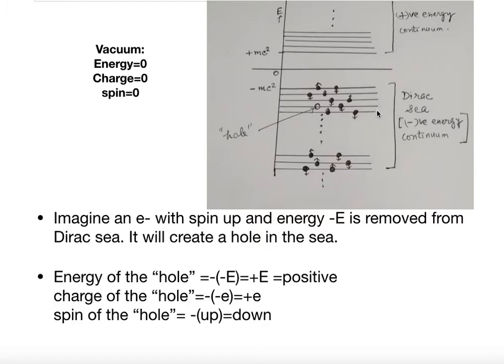Dirac says that all these states are filled up. Since this is a fermion, let us assume we are talking about electrons. Each state is filled by one spin up electron and one spin down electron, so each state has two such particles sitting there. This is called the Dirac sea.